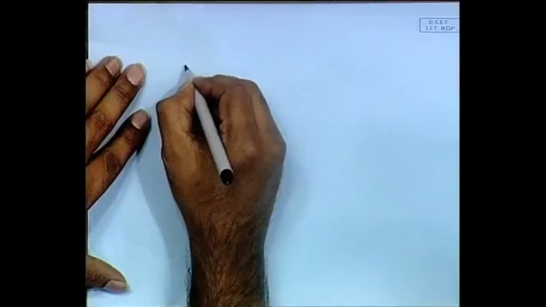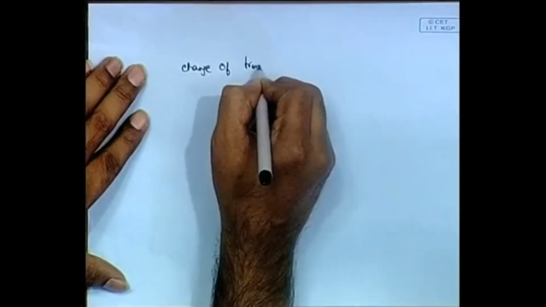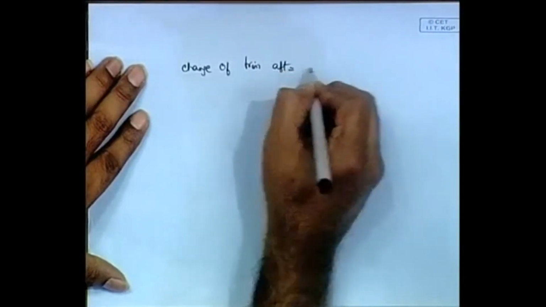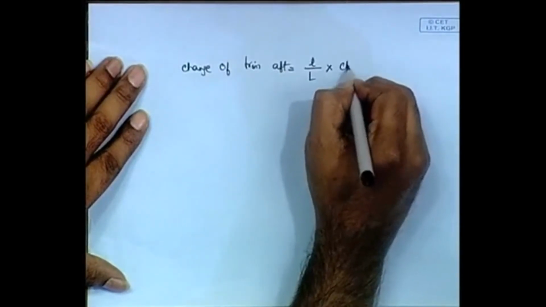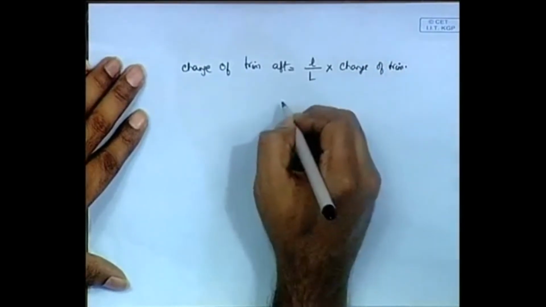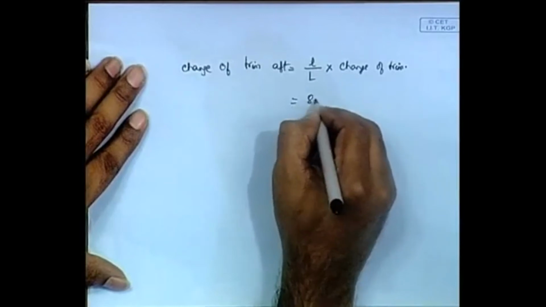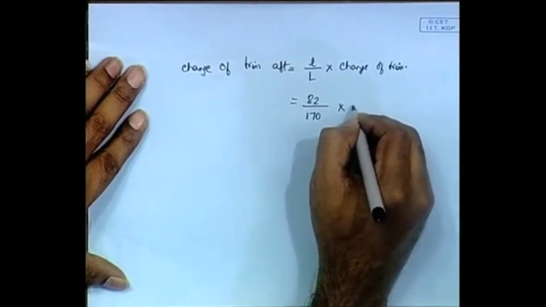Okay. So this is the change. Then these formulas also we have used. So the change of trim aft is equal to l by L into change of trim. 82 by 170, where 170 is the length of the ship, into change of trim.